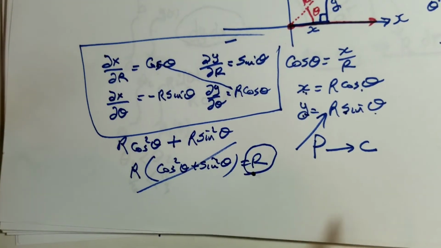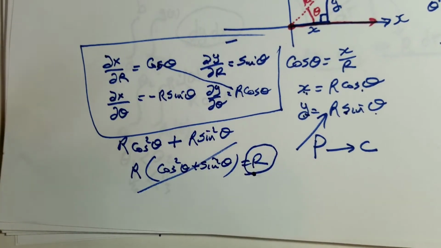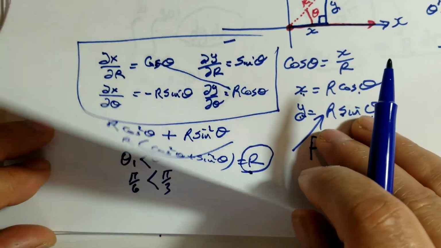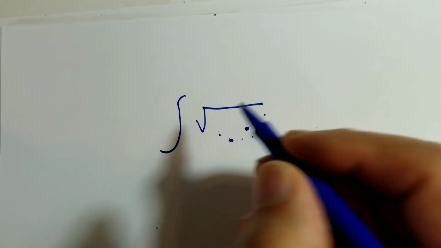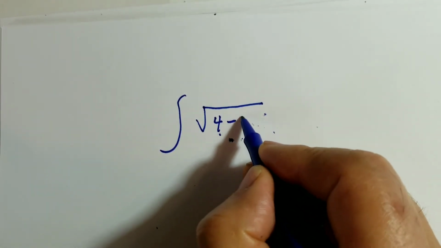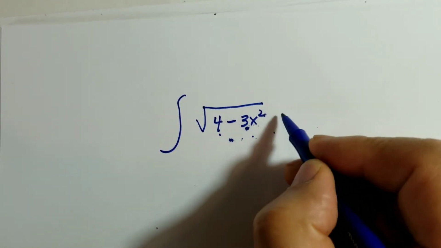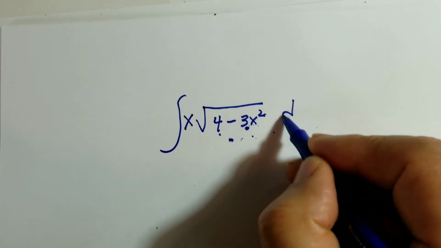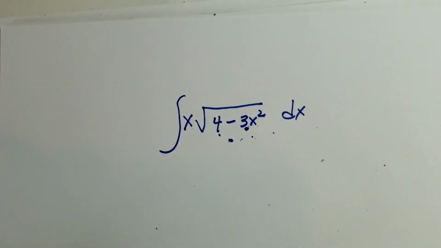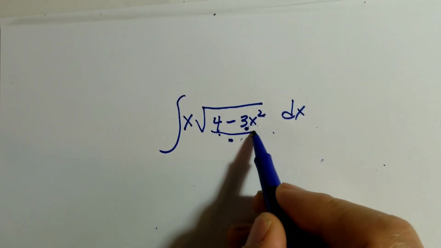I hope we get time to it. We talk about the Jacobian factor, but somebody said, I'm confused. What does that mean? Please remember in calculus 1, whenever you had the integral of 4 minus 3x squared, and I'm going to put the x right here, dx, you have to use the chain rule, u substitution.